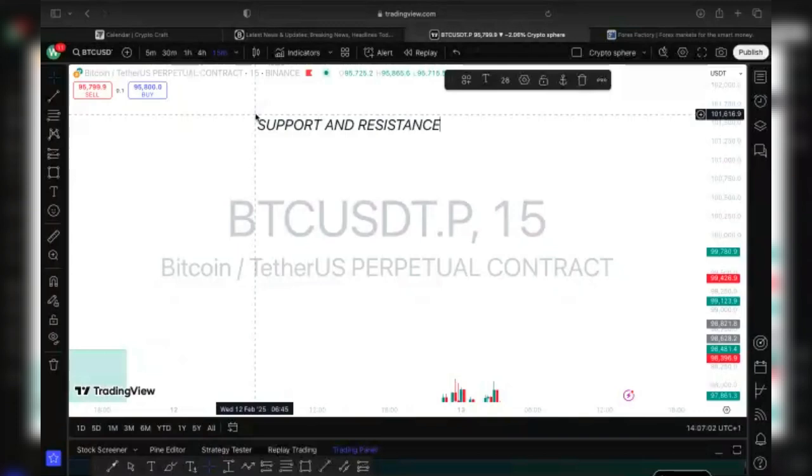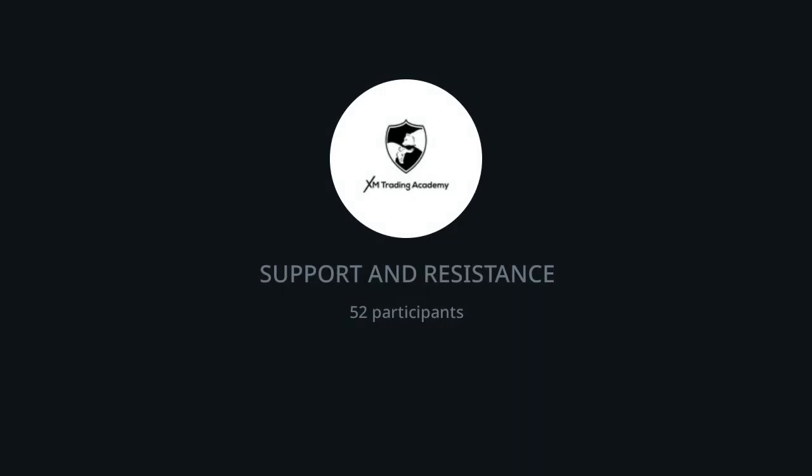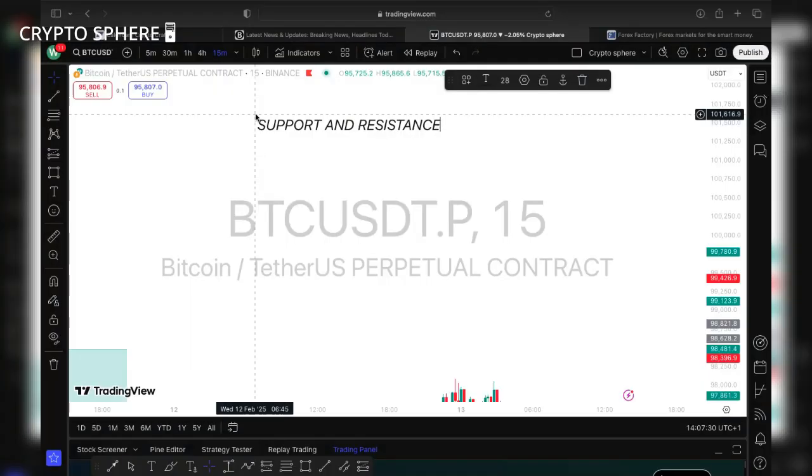Now, since we have the knowledge that we have two participants in the market, the buyers and the sellers, we then know how to approach the concept of support and resistance. You need to understand that support levels or support areas in the market are regions that consist of numerous buyers that are willing to keep the price of a particular asset higher, right?